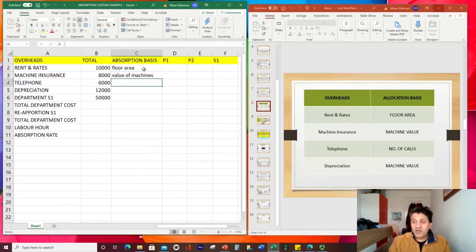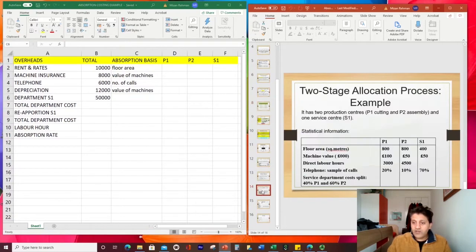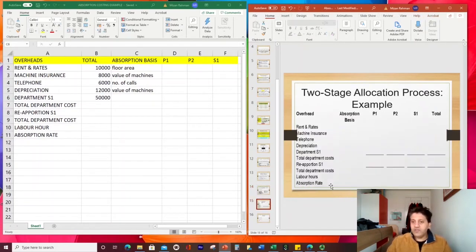Telephone should be based on number of calls. Depreciation again should be based on value of machines, so I can copy it. And for S1, we have some information in the question on how it should be done. We split the service department cost 40% P1 and 60% P2, but this needs to be done in the second stage, not in the first stage.